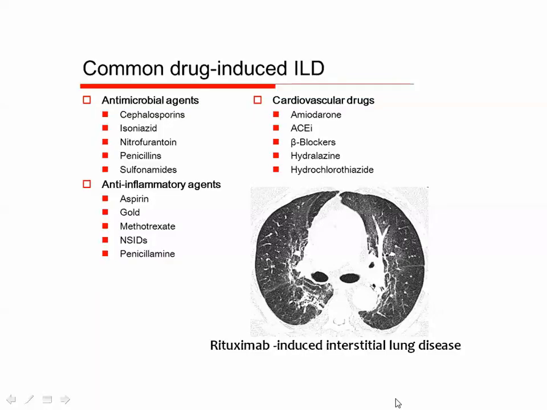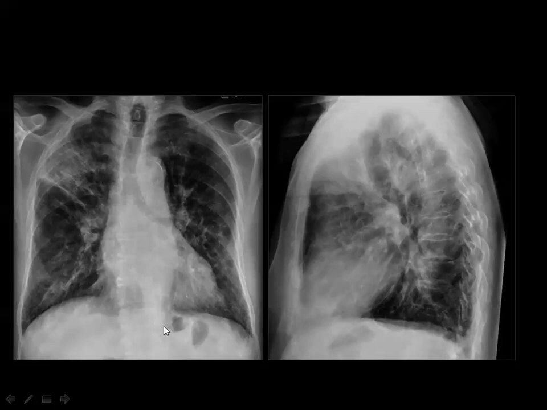Some drugs may contribute to interstitial lung disease, and I provide here a list of them. Some of these can produce changes which are similar to non-specific or usual interstitial pneumonia.